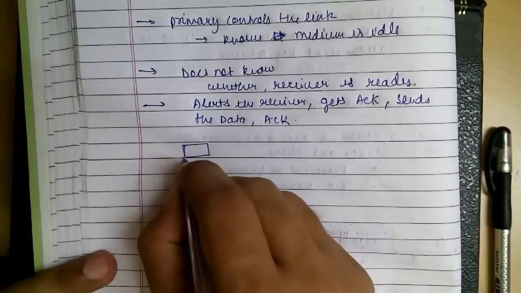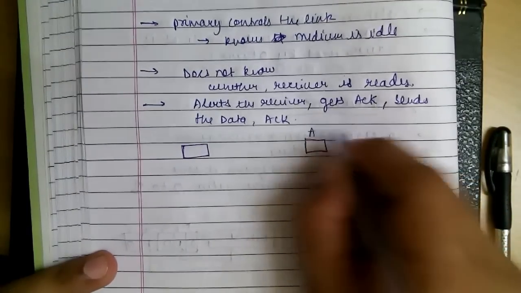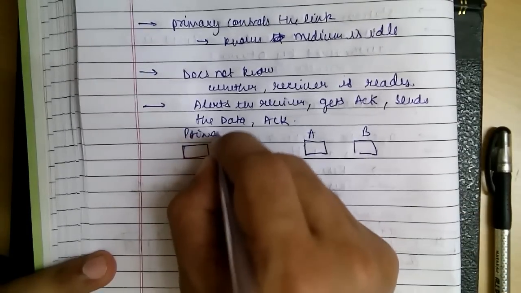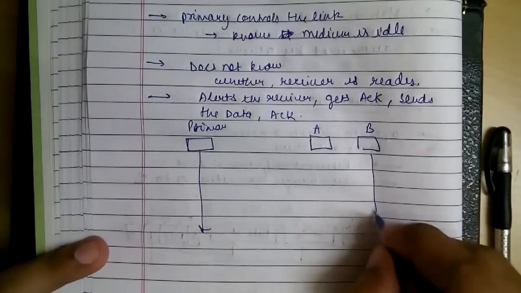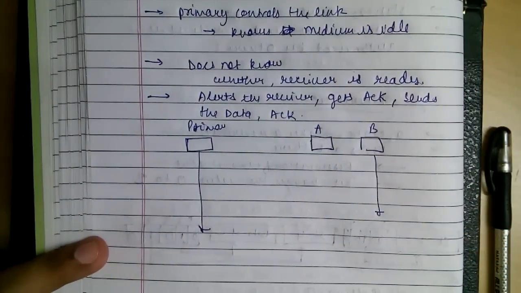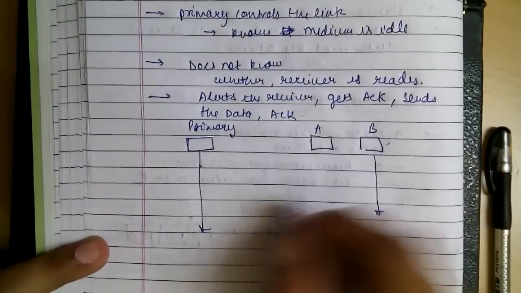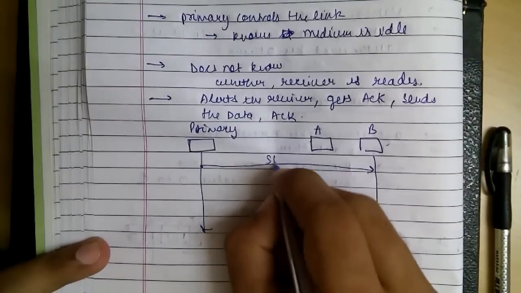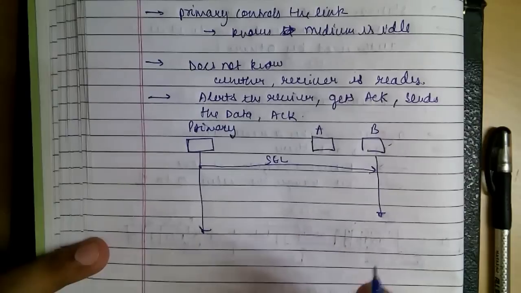So let's see, this is our primary, these are two secondary, A, B, primary. This is time. Say he wants to send data to station B, so it uses this select operation, or say just simply notifying B with some signal.